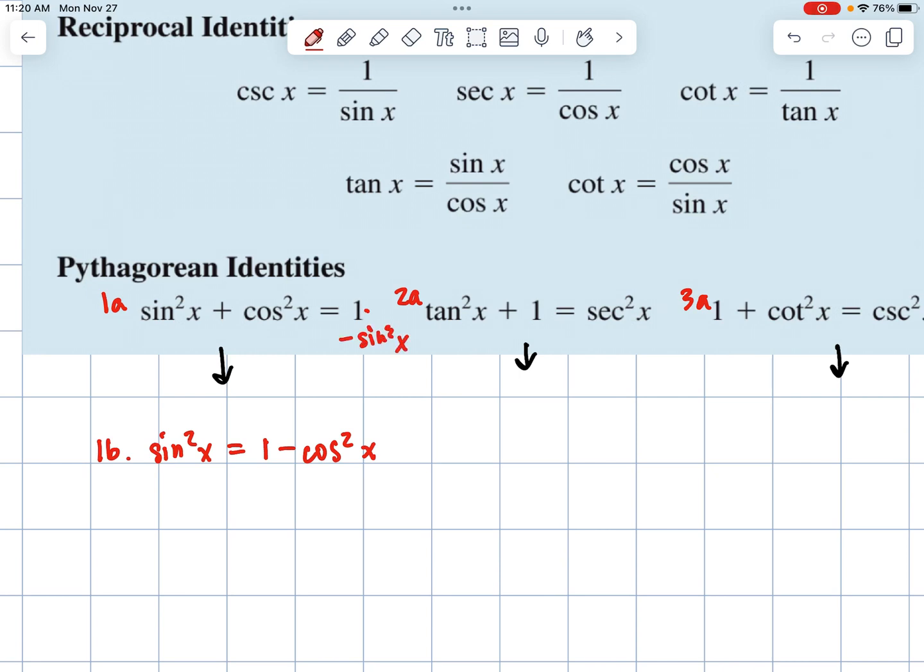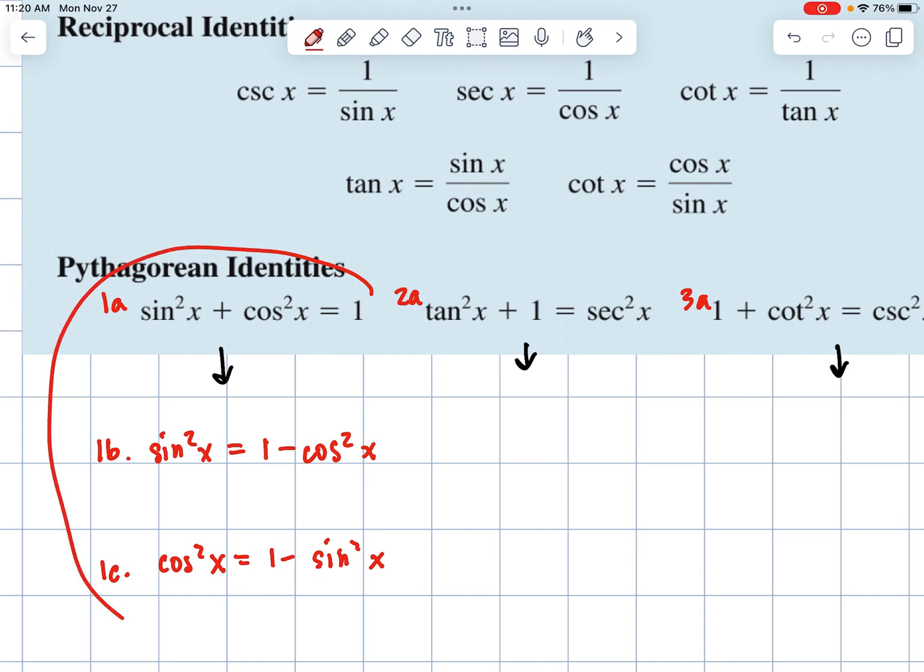So this is our 1c: cosine squared x is equal to 1 minus sine squared x. Okay? So here we have two alternate versions of the exact same equation. They just appear differently. The reason why I want you to do this is because we're going to reference these in our practice problems, and then you'll see it in your homework.